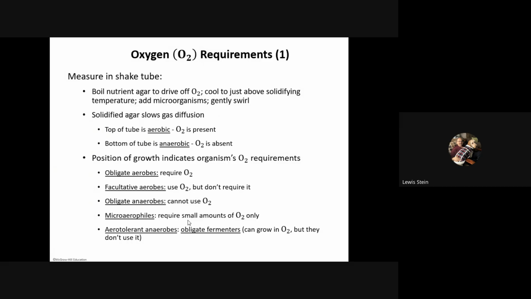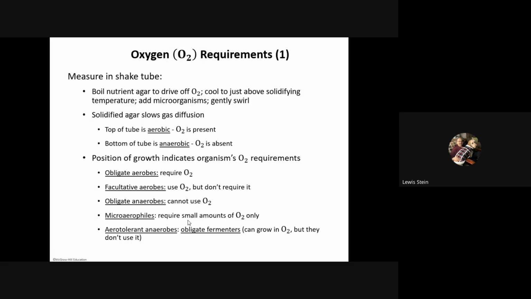So microaerophiles really are only useful with, remember, the oxygen that we're inhaling now is about 20% of our atmosphere. They have to be between maybe as little as 5% and as much as 10% oxygen, maybe even a little bit lower. So if they're in regular air, it's bad for them. You'll see the way they grow shortly. You're going to see the way the tubes look with this in the experiment.